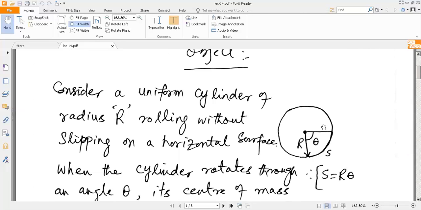Now, when our cylindrical object is rolling on the horizontal surface and there is no slipping in this motion, then if we place an observer which is observing the motion of this cylindrical object which is rolling along the horizontal surface, then we have to assume that the observer is also moving with the same translational speed as that of the center of mass on the horizontal surface.